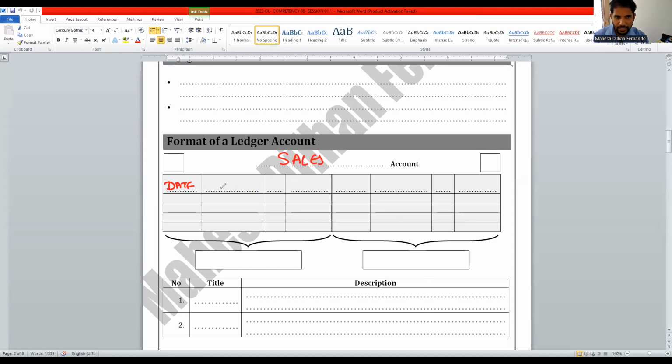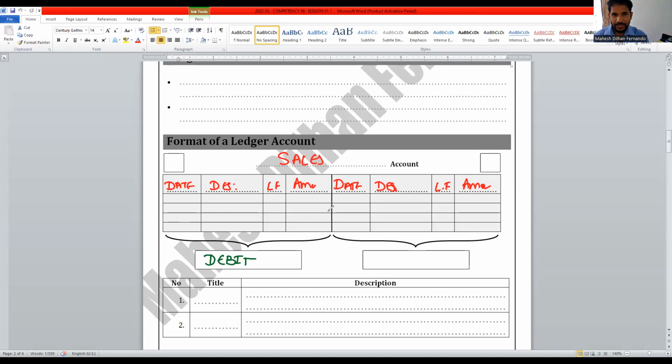Description. LF, amount. Everything must be written. Date, description, ledger folio, amount in rupees. But listen to me. This is the side that we call the debit side.